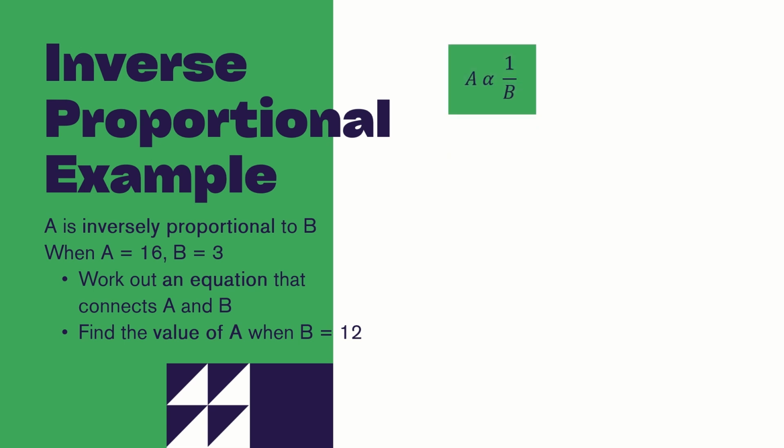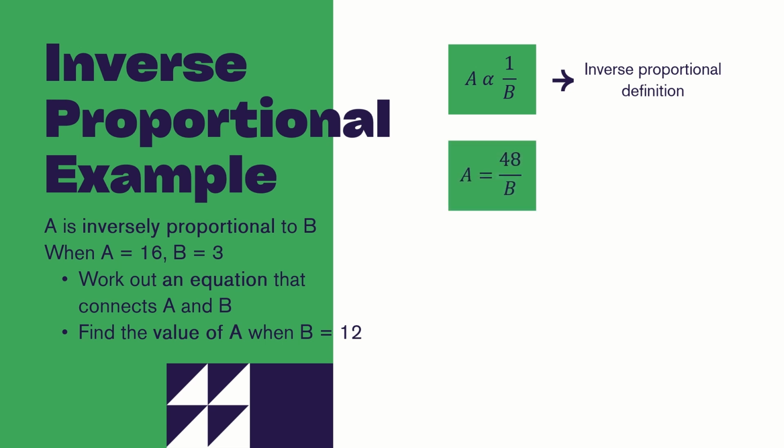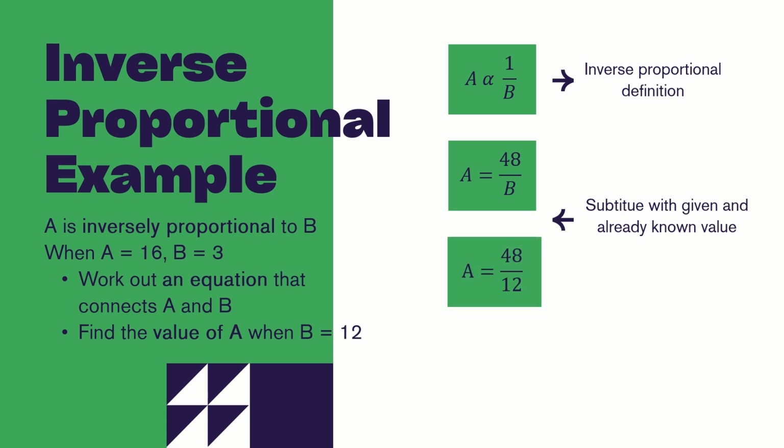We already know that A is inversely proportional to B, which means A is proportional to 1 per B. From before, we already worked out the equation that connects A and B, which is A equals 48 over B. And we just need to substitute the given and already known value, that is B equals 12, so we've got A equals 48 per 12. 48 divided by 12 is 4, so we've got A equals 4.